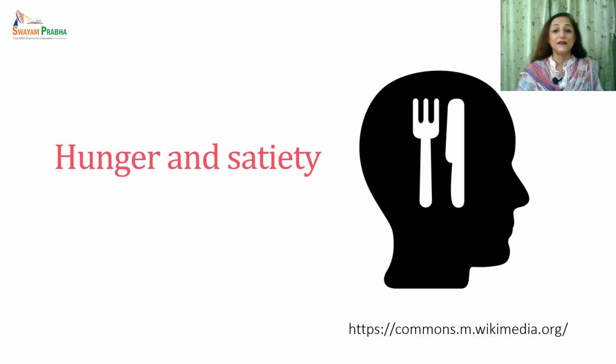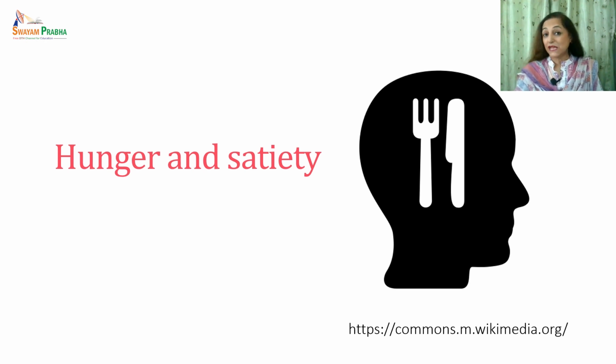The first important biological determinant which will decide whether we will choose a food or not is hunger and satiety. The central nervous system of our body actually regulates our hunger and satiety. Its role is to balance between hunger, appetite stimulation, and the amount of food intake that we will be taking.